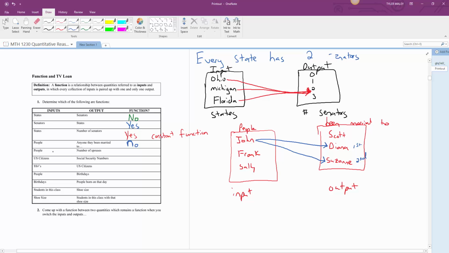Then the next row is people matched to the number of spouses, the number of spouses that you've had. If you think about this for a minute, let me change this.